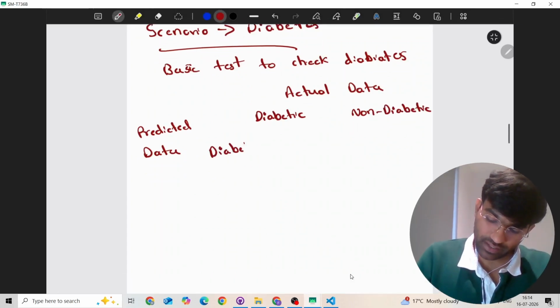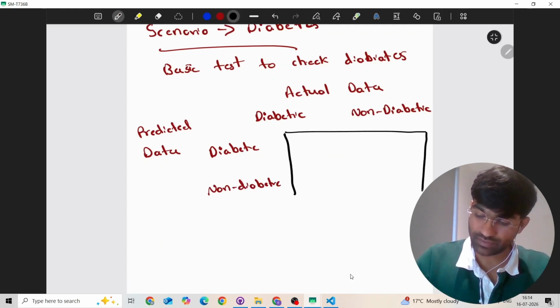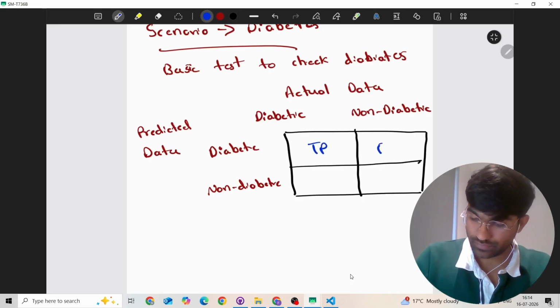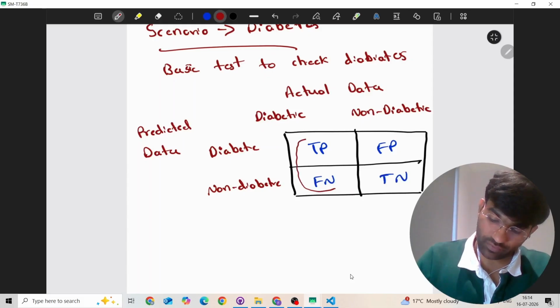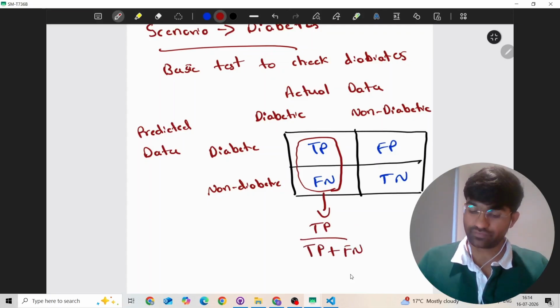Predicted data: diabetic or non-diabetic. Our confusion matrix will look something like this: true positive, false negative, and true negative. So this is our recall now. Our recall says true positive divided by true positive plus false negative.